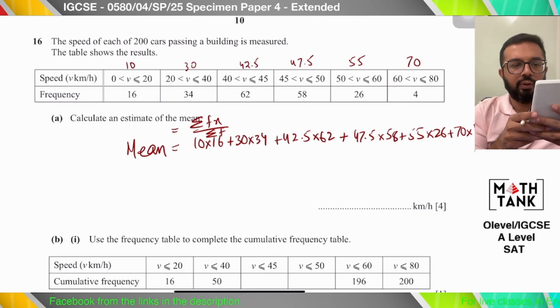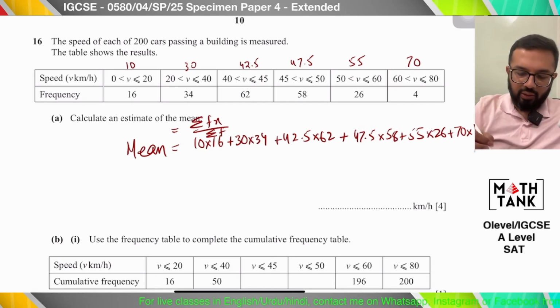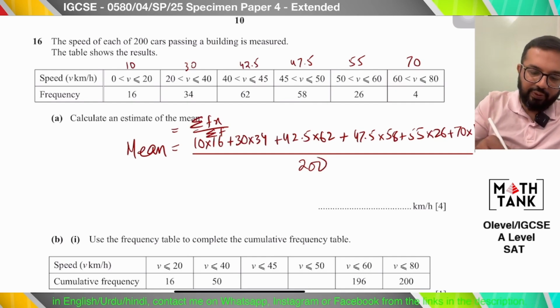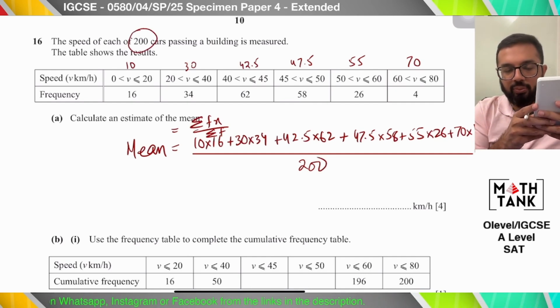Okay, so 10 into 16 plus 30 into 34 plus 42.5 and so on, divided by the sum of f, which should be 200 because it's stated as 200. I'm just going to multiply the numerator first.